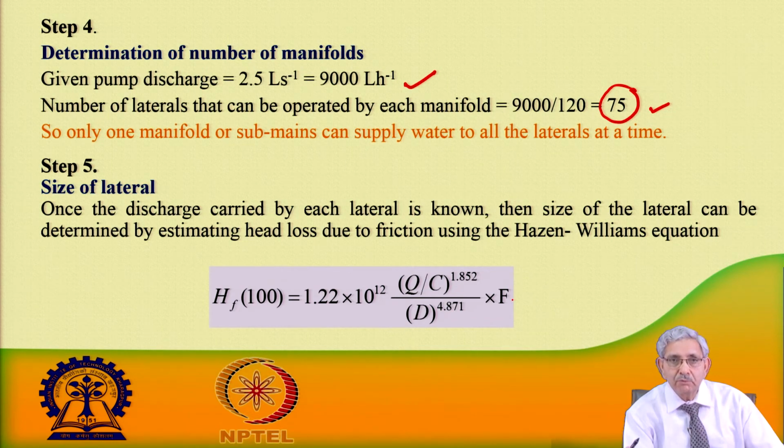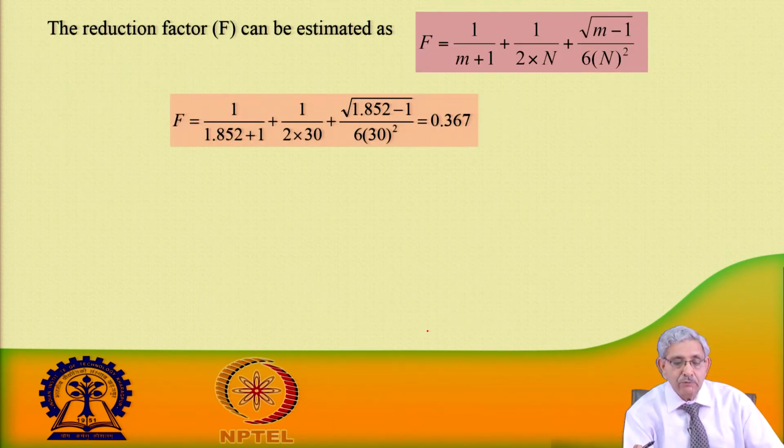So, we will be substituting the values with the appropriate units, as given in the constant. First, let us work out the reduction factor. Here the reduction factor is due to the number of outlets provided in the lateral pipeline.